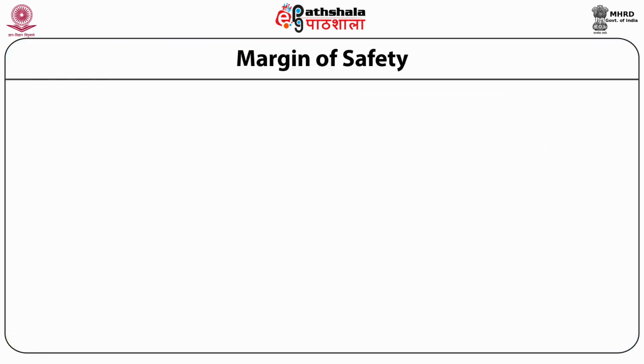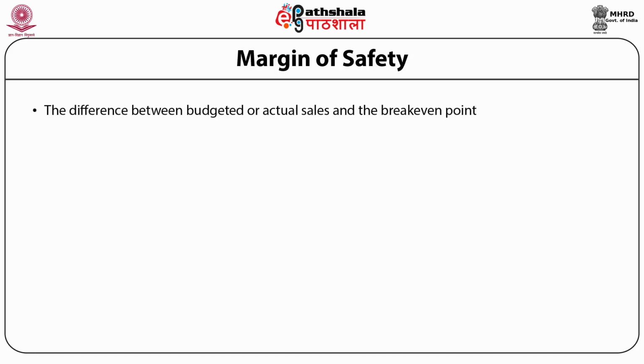The first application of break-even analysis is to know the margin of safety. The margin of safety represents the difference between the sales at break-even point and the actual sales or the budgeted sales. So margin of safety is equal to actual sales minus break-even sales. Margin of safety is the limit to which the sales may fall, yet the firm may have no fear of loss.